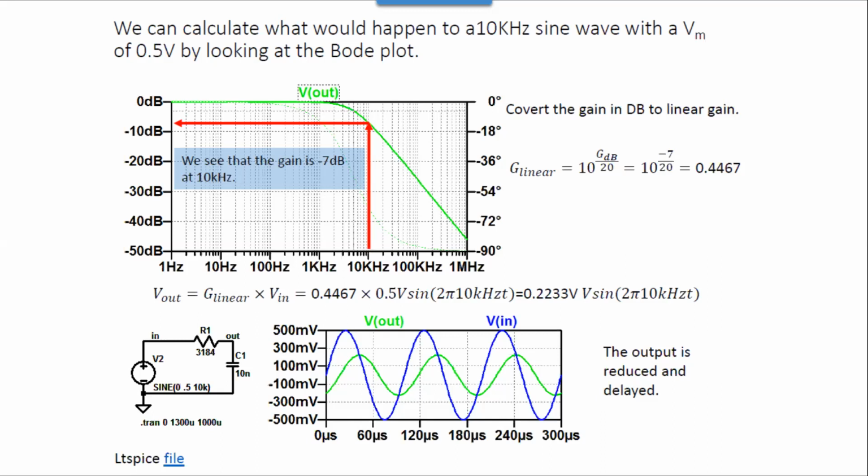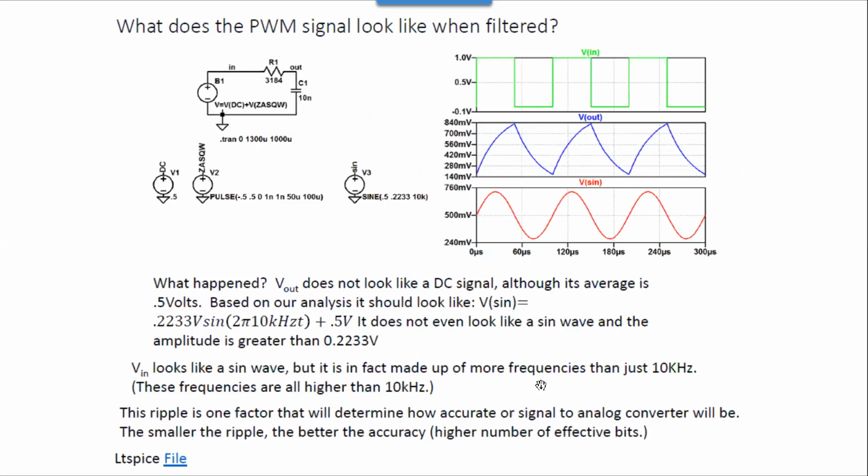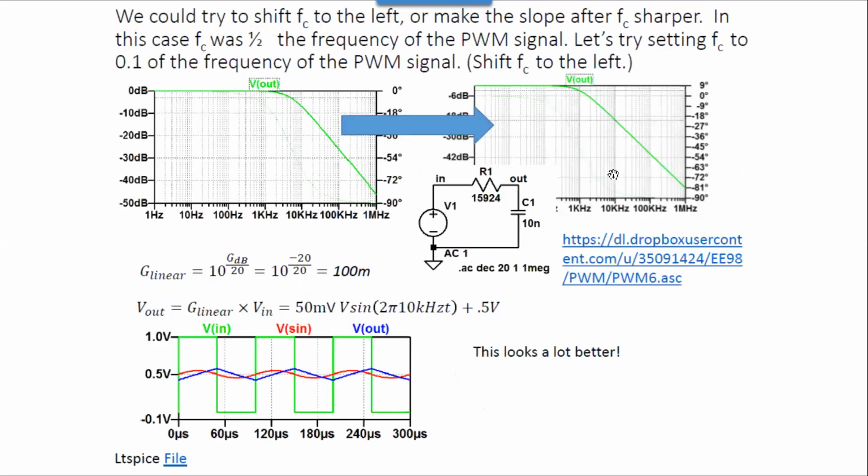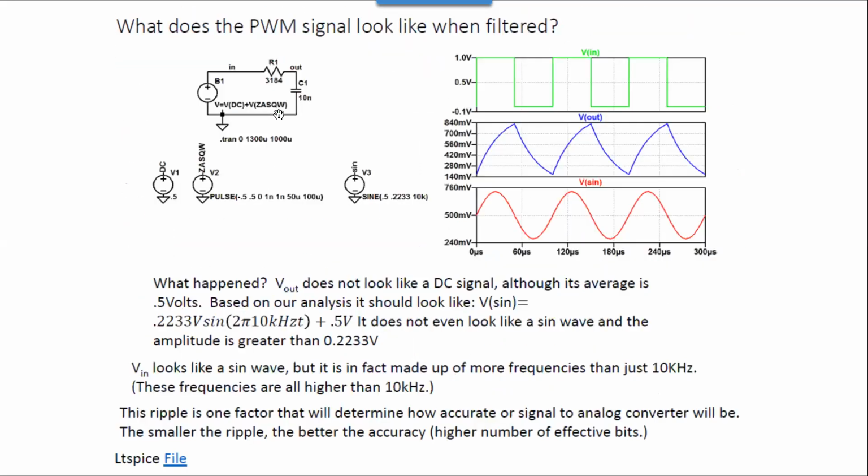It doesn't look very DC. It still looks like there's a big ripple. So we then change the filter, and now V out is going like this kind of triangle wave, and this is the sine wave.